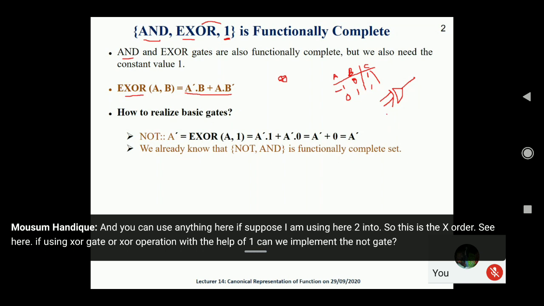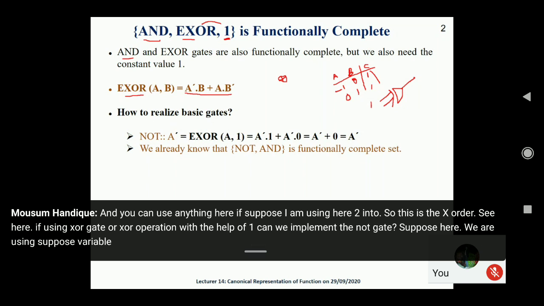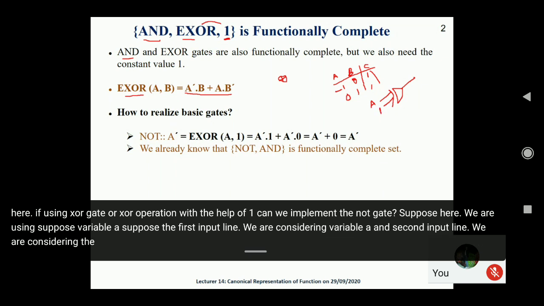Suppose the first input line we are considering is variable A, and the second input line we are considering is the constant 1. This is fixed. You cannot write 0 instead of 1. The 1 is the constant value, a fixed value.